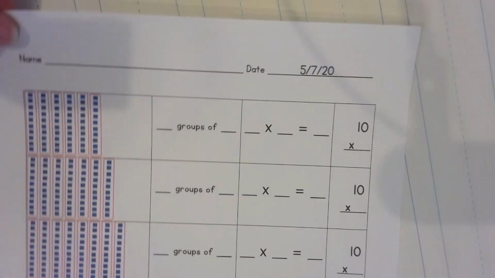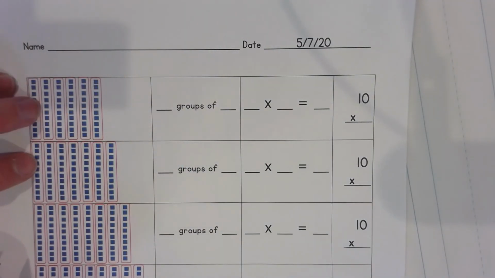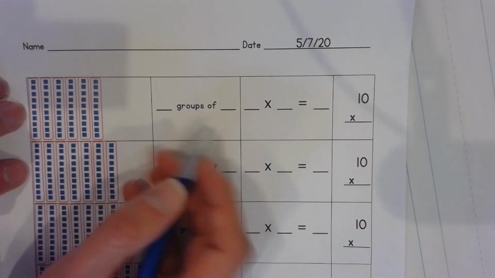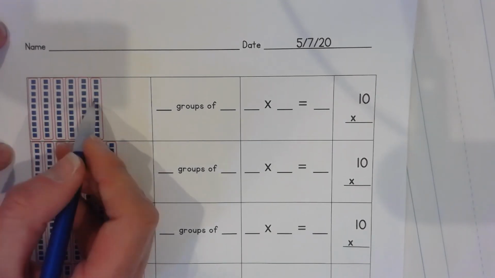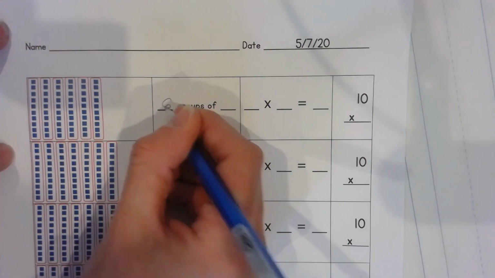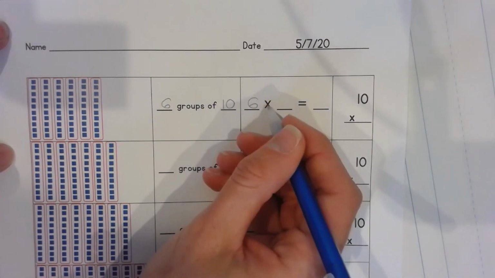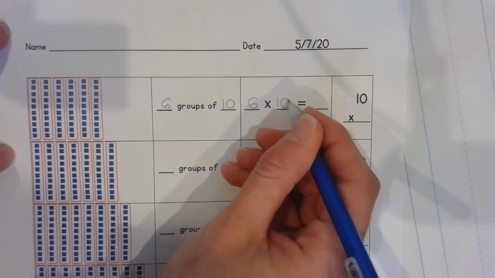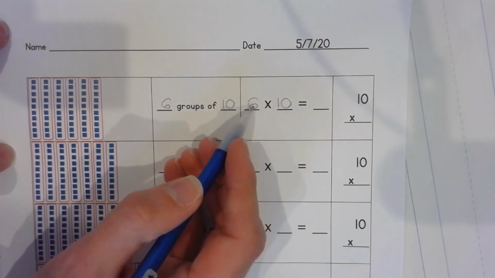Now go to the other page. You don't have to rewrite your name on the other page since we have it on the first page. How many groups do we have here? 1, 2, 3, 4, 5, 6 groups of 10. So that's 6 times 10, which is 10 6 times.